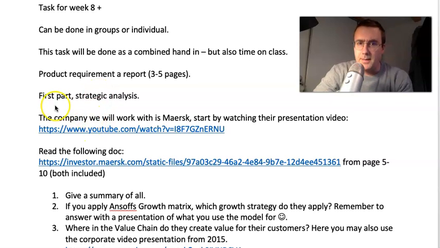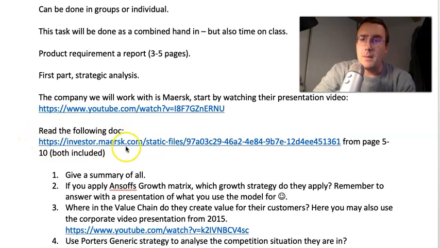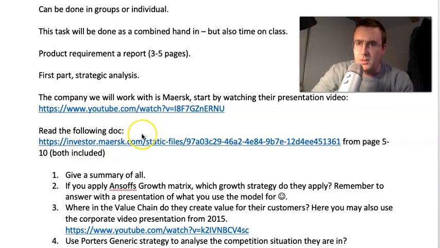The first part of the assignment is on strategic analysis, where we'll use some of the models that we have used until now. We work with Maersk, and there's an introduction film here I want you to watch, and then afterwards the main document that you need to work on in this assignment is the annual report, which was just published here in February of 2021, and that's the main focus. For the first part of the assignment, you need to look at page 5 to 10, both pages included.